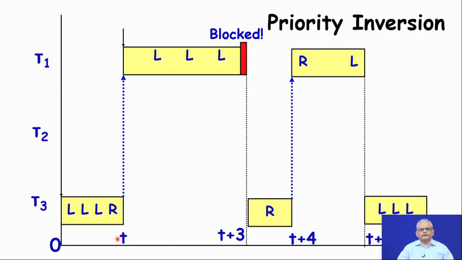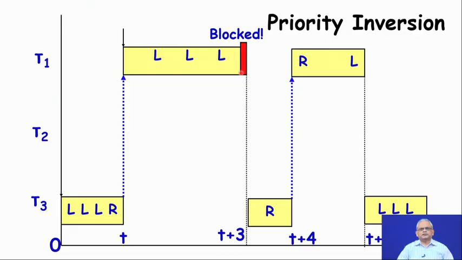But at that point of time, that is t, a high priority task which is T1 starts executing, and it does some local processing until a point t plus 3, where it gets into its critical section and executes a lock resource or a sem wait instruction.